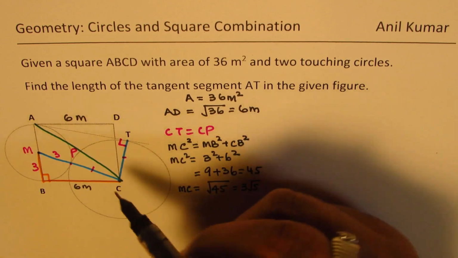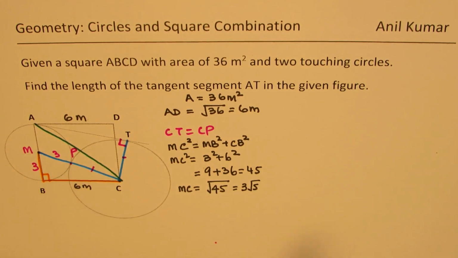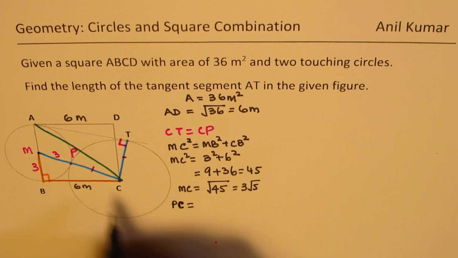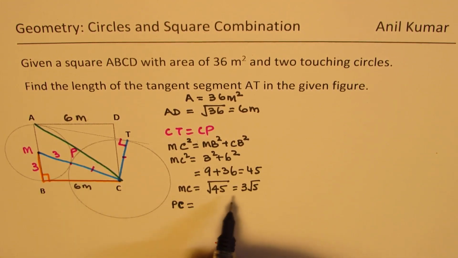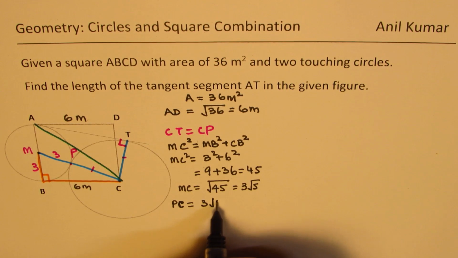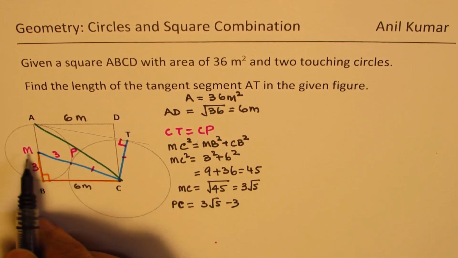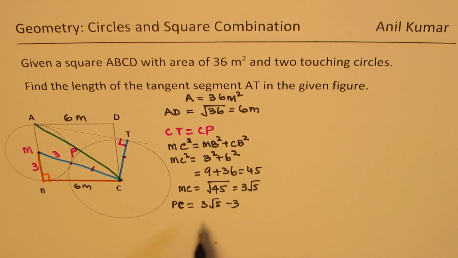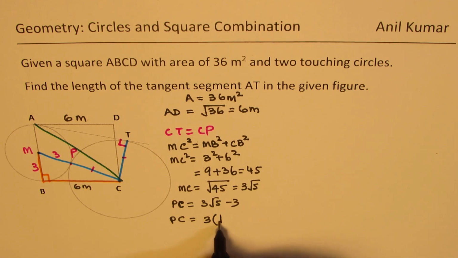Now that means PC should be how much? The radius of the bigger circle, PC, should be equal to total length 3 square root 5, take away 3, right? PC will be MC minus MP. So we can say that PC is, you can take 3 common and write this as square root 5 minus 1, correct?